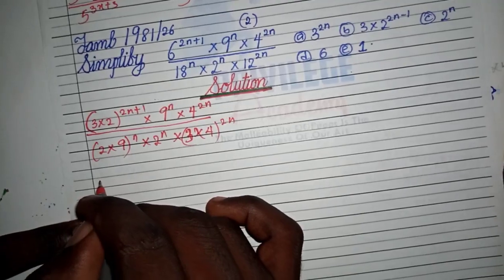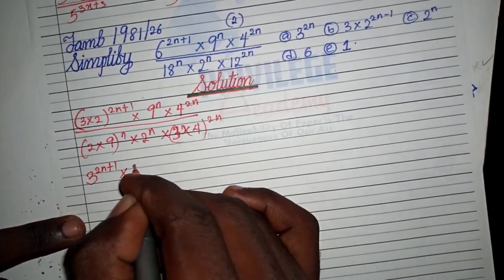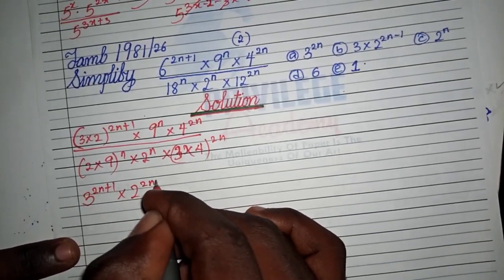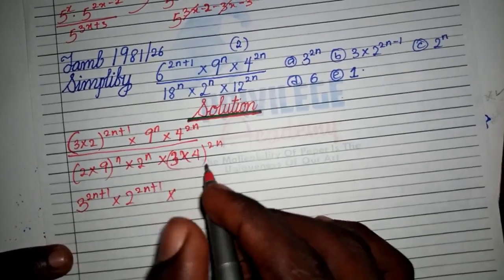This will later become 3 to the power of 2n plus 1 times 2 to the power of 2n plus 1. This is one of the laws that we expressed in our last class.